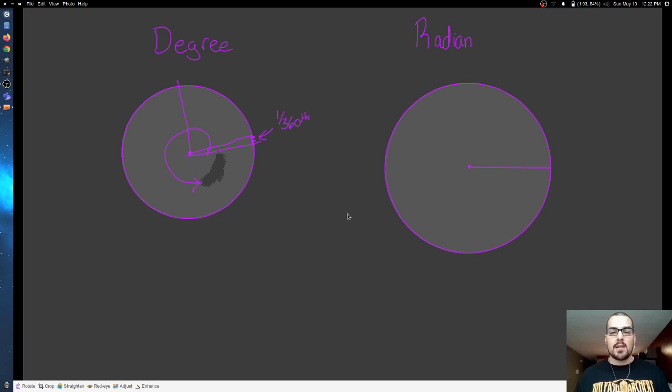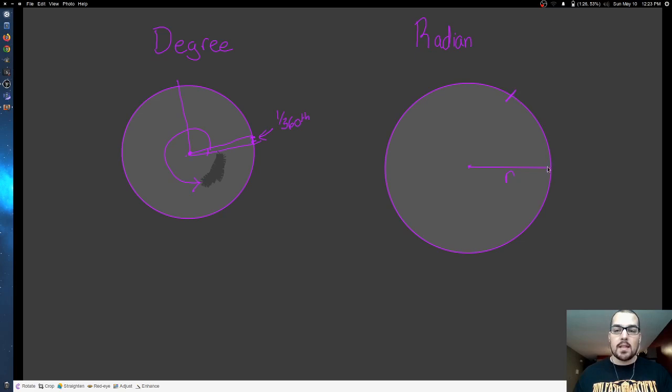A radian says, let's take this radius here. Now imagine if I got a piece of string and I measured that radius, and then I took that string and I wrapped it around the outside of the circle. So if I took this radius, I could wrap it around the circle up to about here.